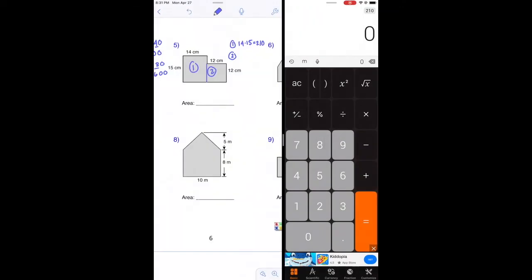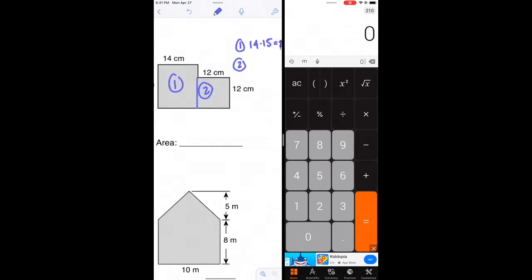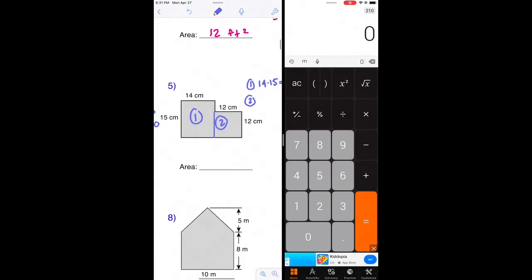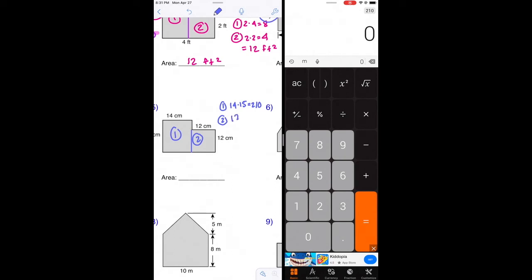All right, side by side, that'll make it easier. Here we are. Okay, so for my shape 2, 12 by 12. 12 by 12 is 144. Lastly, 210 plus 144 is 354 centimeters squared.